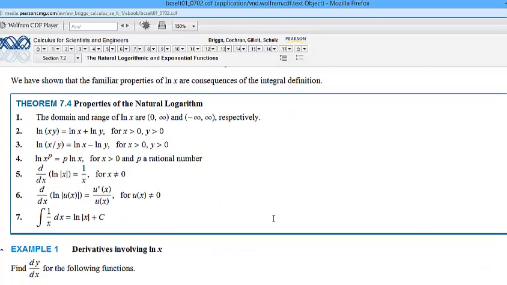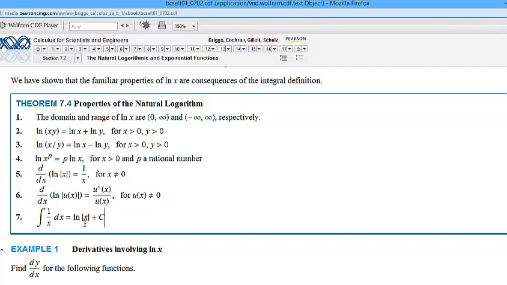So it's kind of funny. You look at number 7. They say, here's a formula for the antiderivative of 1 over x. Remember that one? That's the one we couldn't do, right? Well, anytime you have a derivative formula, you also have an antiderivative formula. And so we will write natural log of, you're always going to write absolute value of x when you do an antiderivative of 1 over t dt.